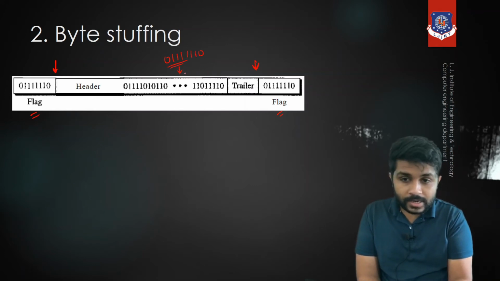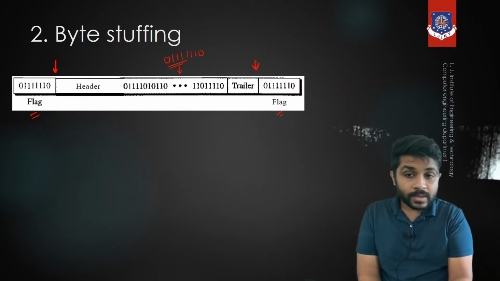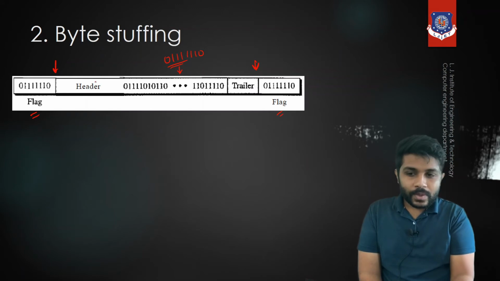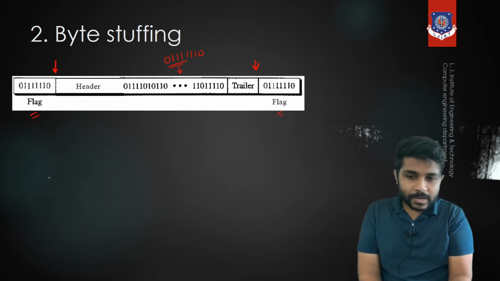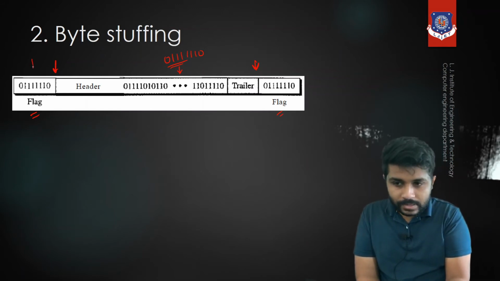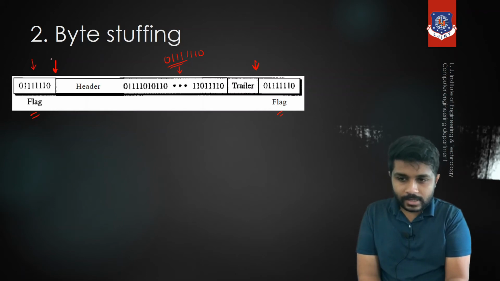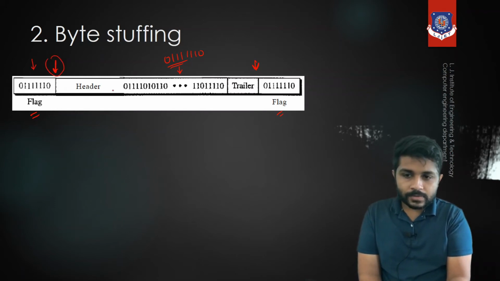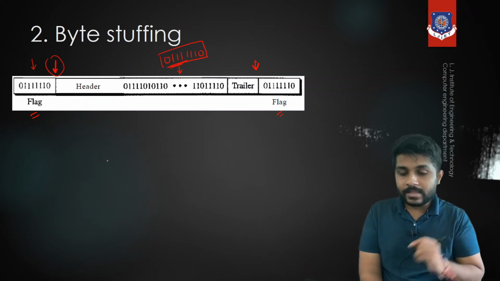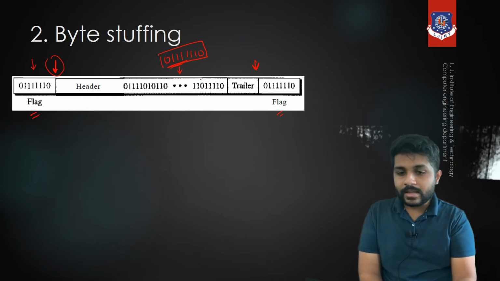Now actually it is the data which is present in the frame, but this data is exactly like the flag. So when this type of frame is received by the receiver, when the receiver receives the flag, it knows that this is the starting of the frame and it will start receiving the frame. But when the receiver encounters this flag-like pattern in the frame, the receiver is going to think that the frame ends till here.